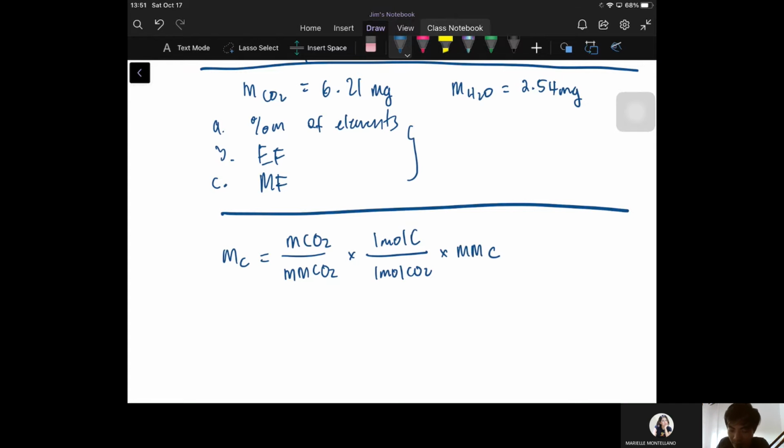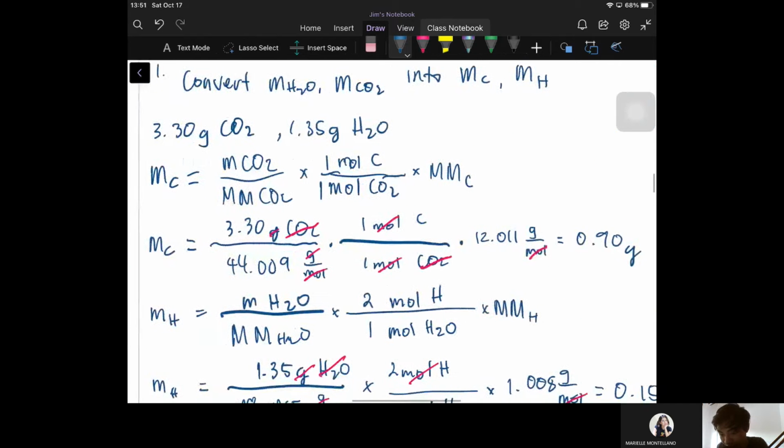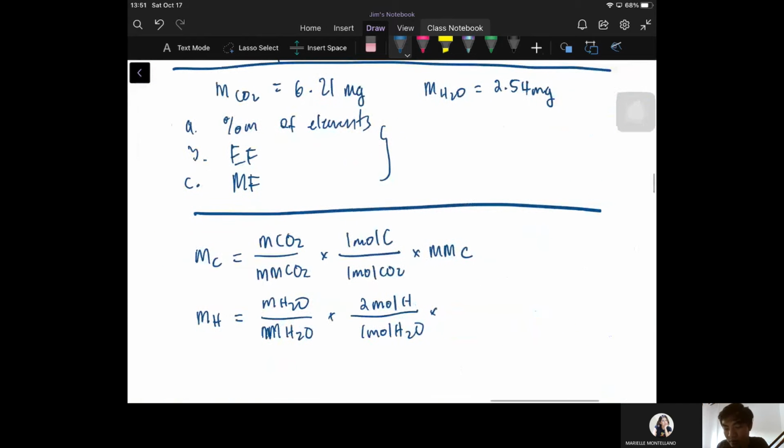Tapos yung mass ng hydrogen, mass ng H2O, molar mass ng H2O times 1 mole H2O, 2 mole H. Kumbaga, inuulit lang natin yung nakalagay dito. Nakwento na natin kung bakit ganito yung formula eh.